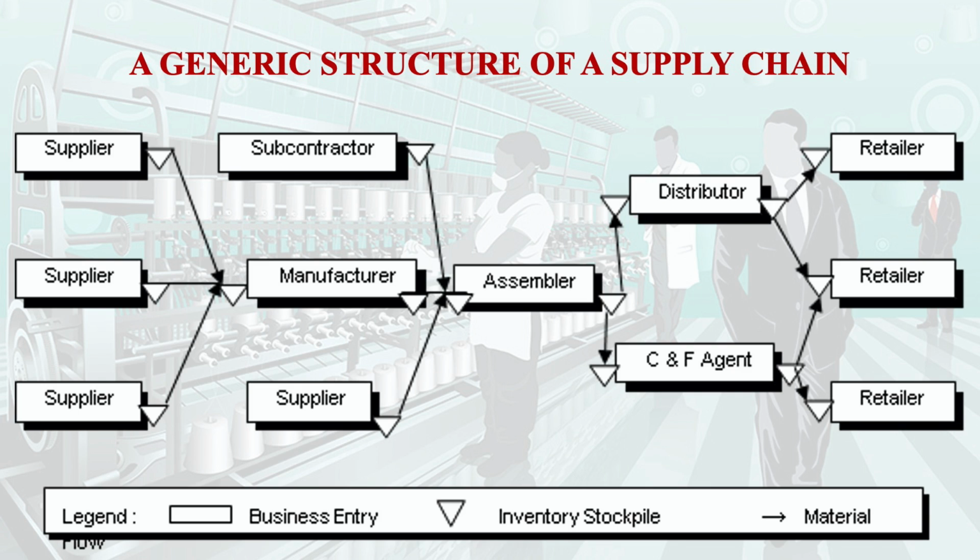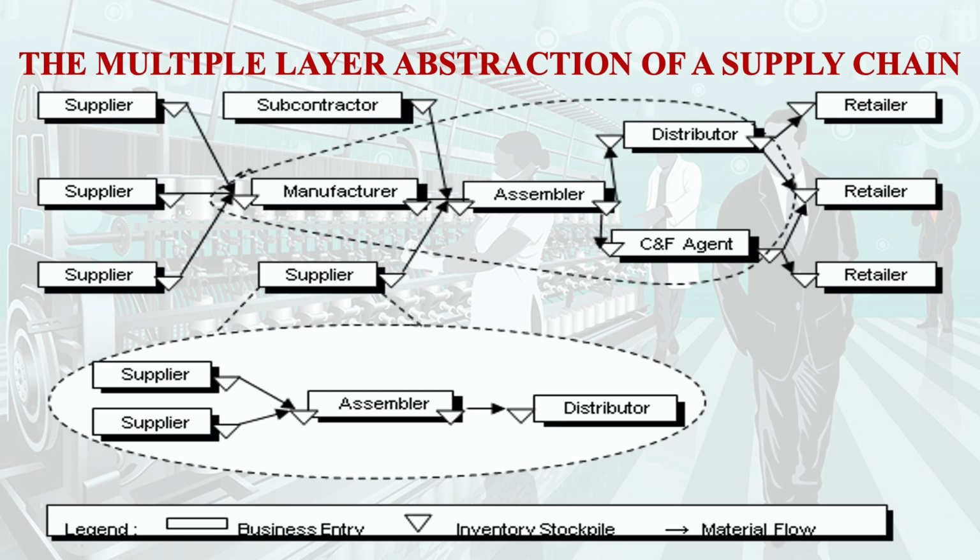You will have different types of suppliers, different types of manufacturers, then assembler, distributor, carrying and forwarding agent, retailer. All these come under the supply chain. This is a multi-layer abstraction of a supply chain, where you will find a separate chain of each supplier.